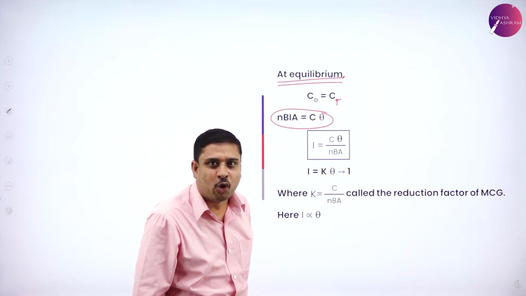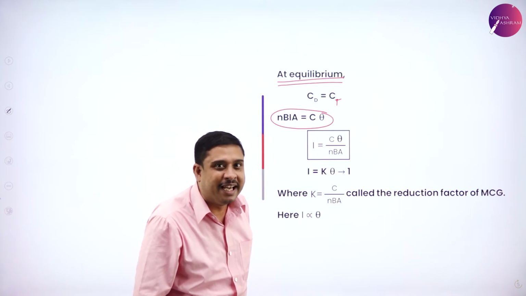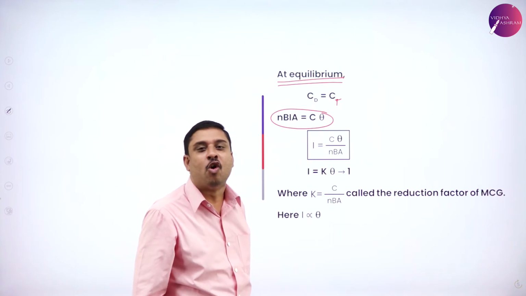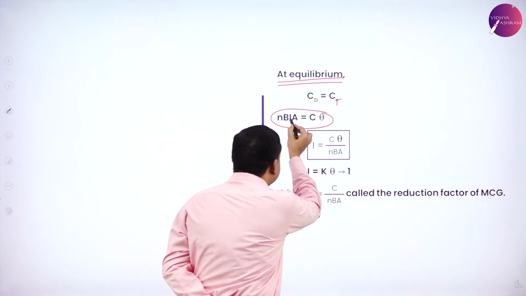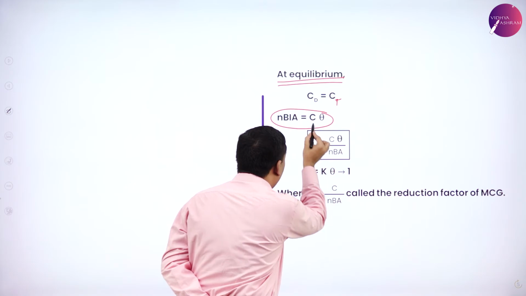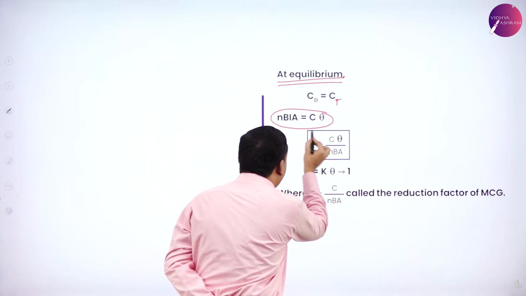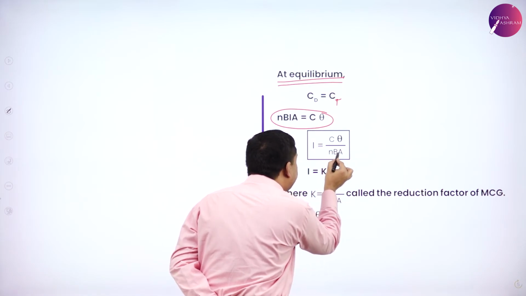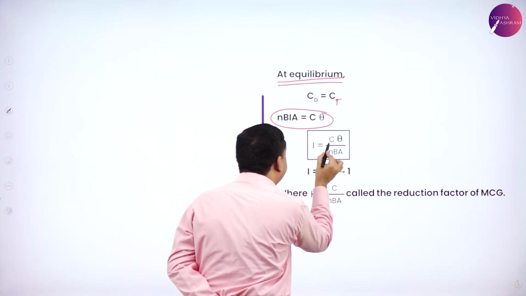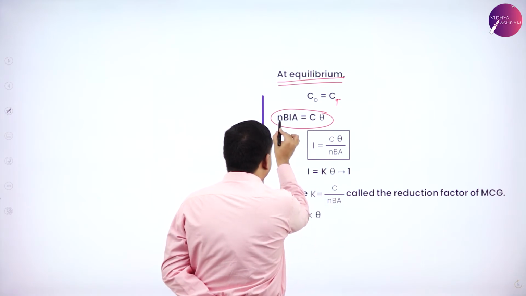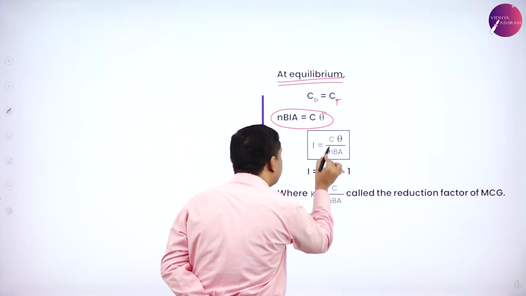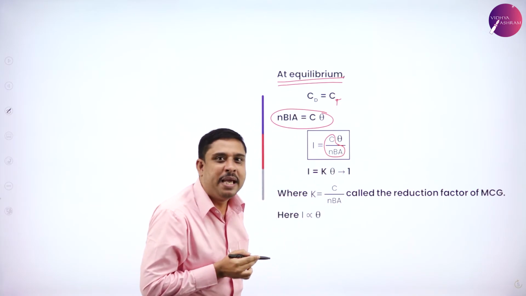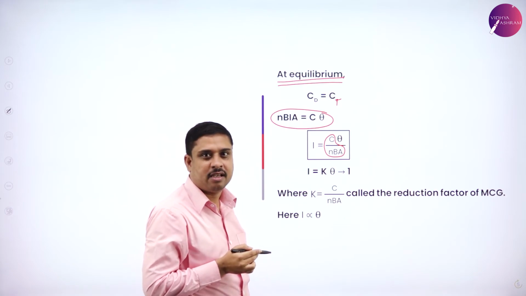Very early itself I told, what is our aim here? To derive an expression for current flowing through the coil. So I becomes equal to C theta divided by NBA. This C divided by NBA is a constant.